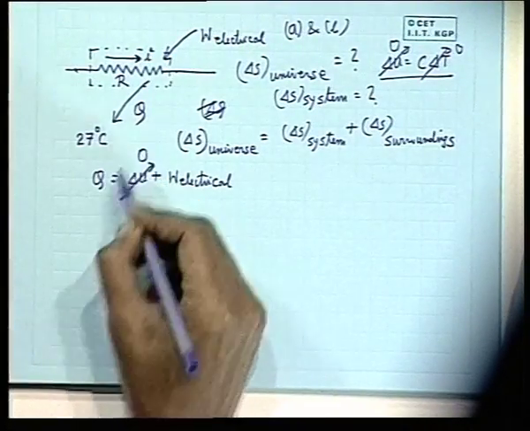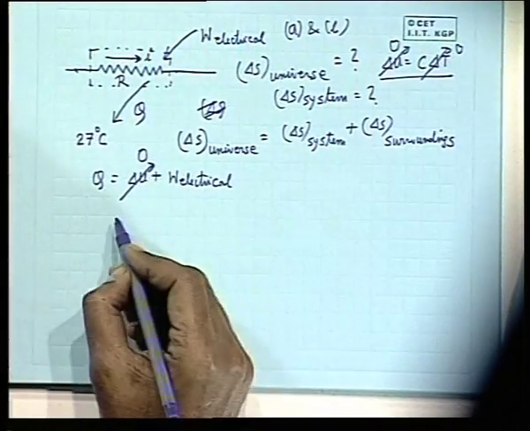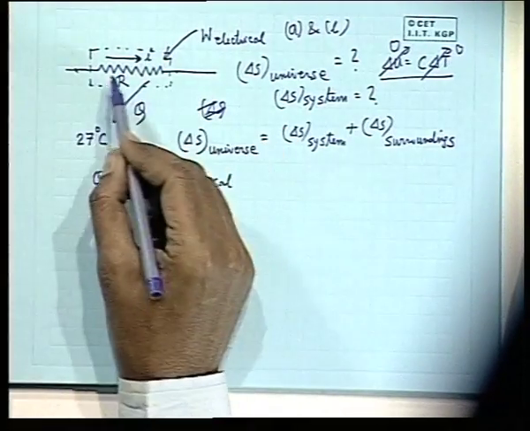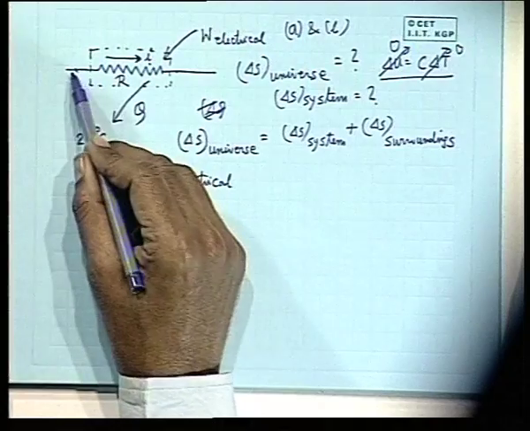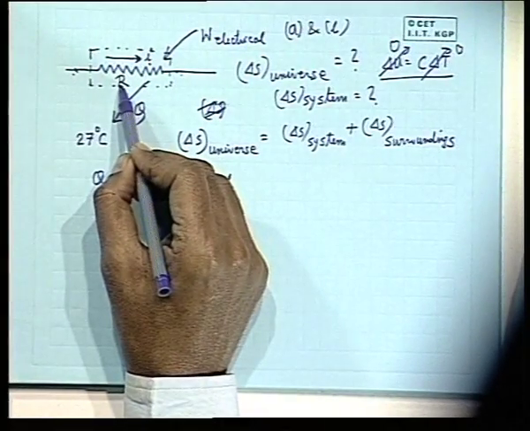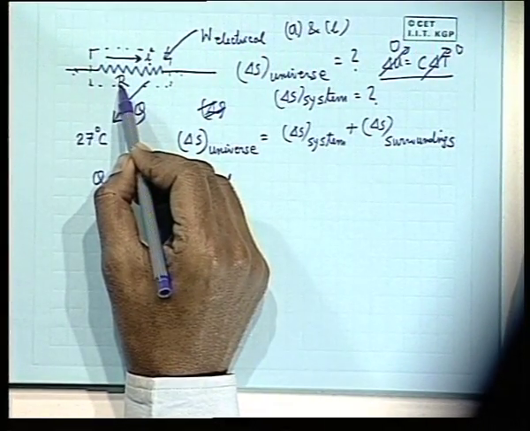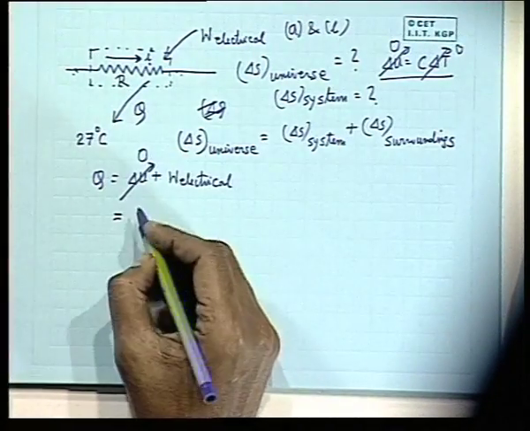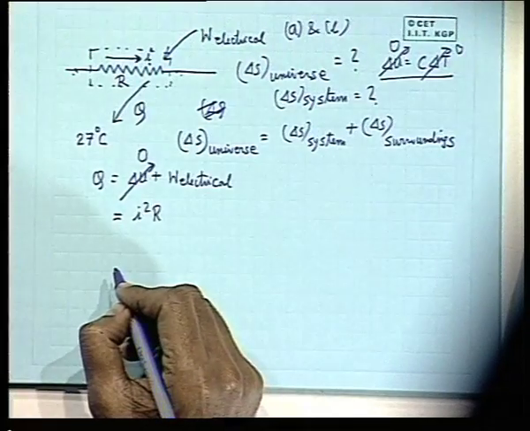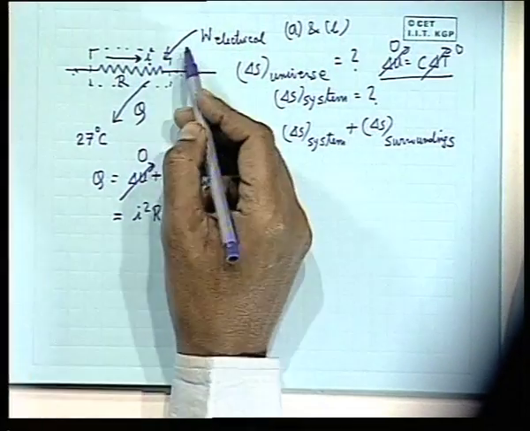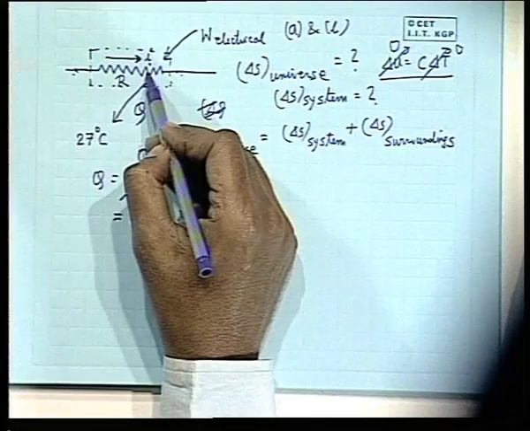So, we can write that Q is equal to W electrical. What is the electrical work transfer? It is the voltage difference times the current, but the voltage difference is not given. We can relate this in terms of resistance with the use of Ohm's law, which you obviously know. So, one can write I square R. That is the electrical work being transferred.